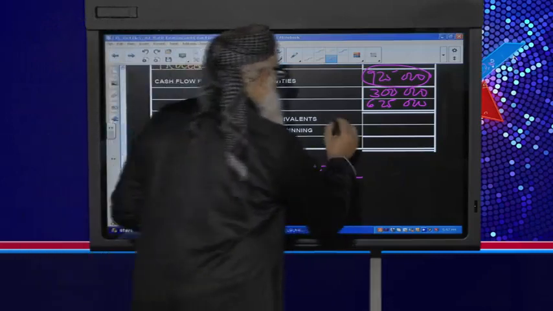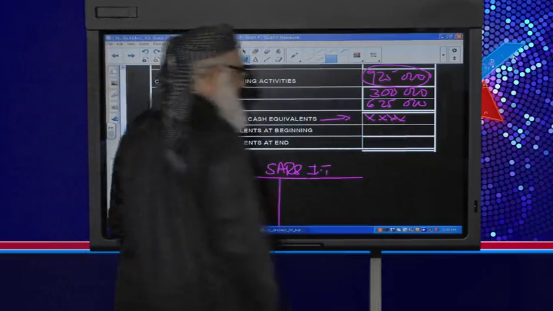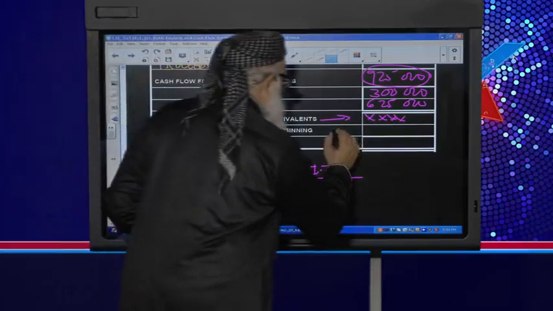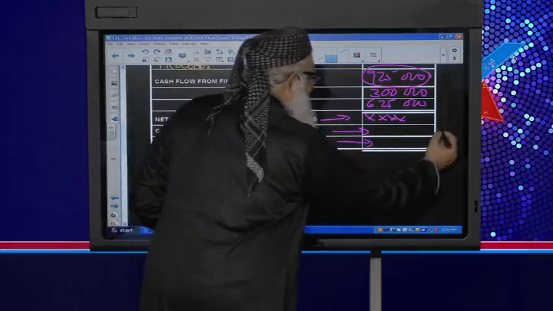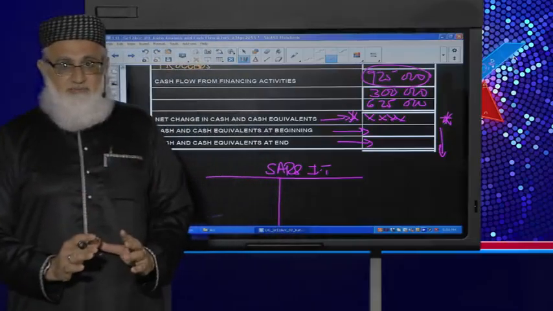That will give you your net change in cash and cash equivalents. You now bring in your cash and cash equivalents at the beginning of the year, your cash and cash equivalents at the end of the year, and the difference between these two has to correspond with that figure there. You then know that your cash flow statement is correct.